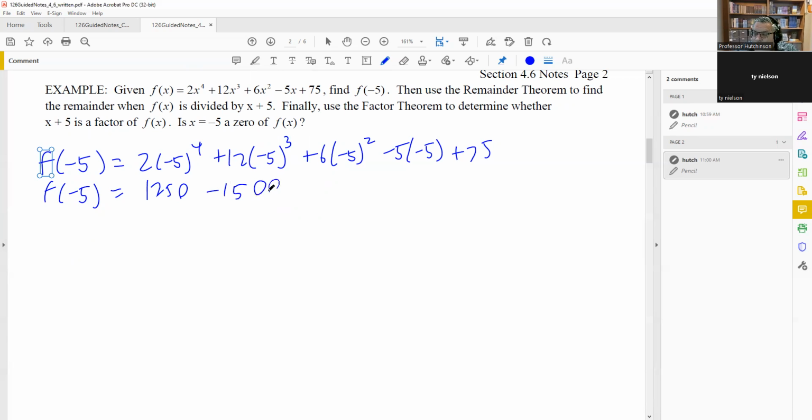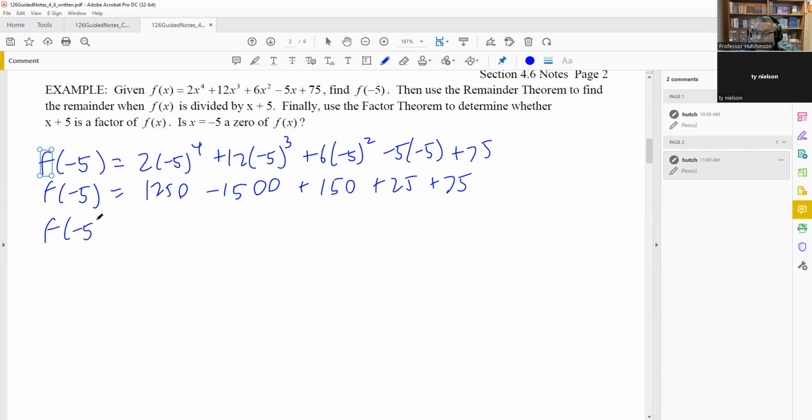Next, negative 5 squared is 25, and 25 times 6 gives you 150. This is plus 25, and then plus 75 right here.